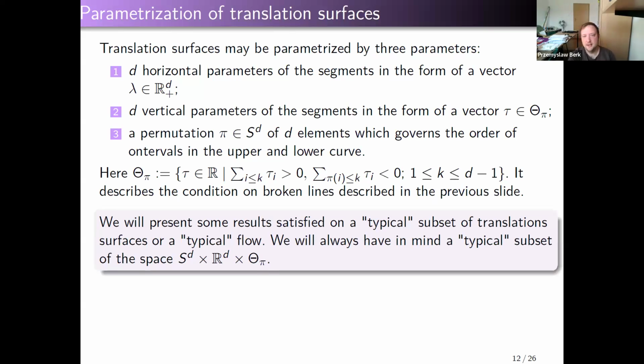And when I say typical, I will either consider the measure, which is a product of the counting measure on the set of permutations and Lebesgue measure on my Euclidean space, or if topology, then it's just a product topology: discrete on the permutations and the standard Borel topology given by open cubes.